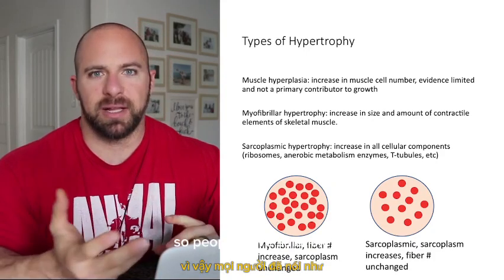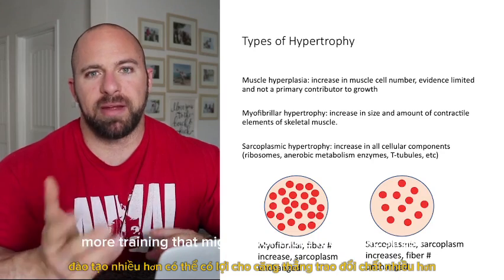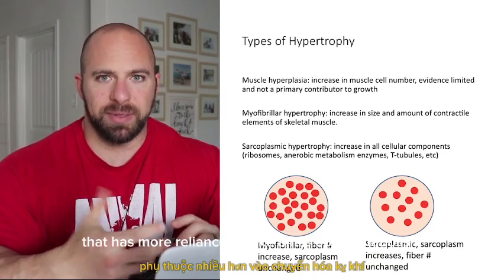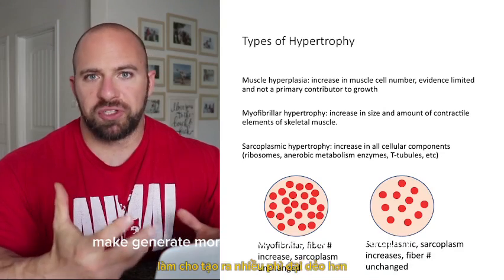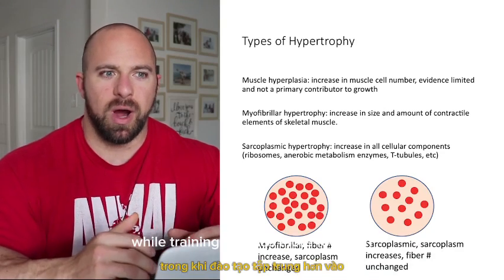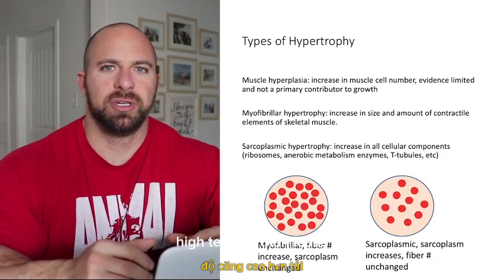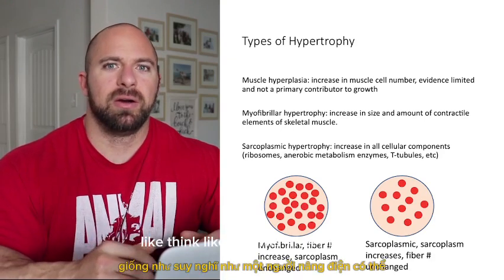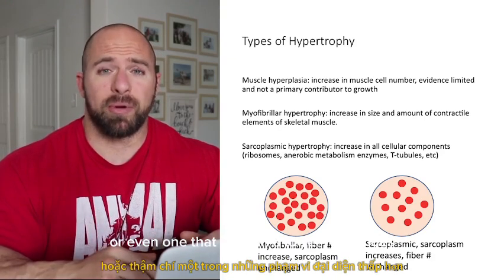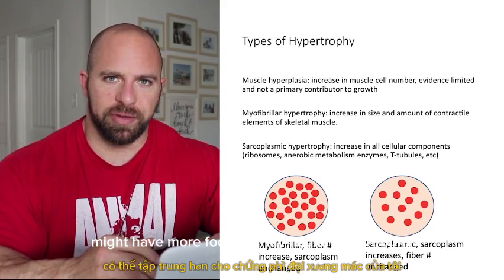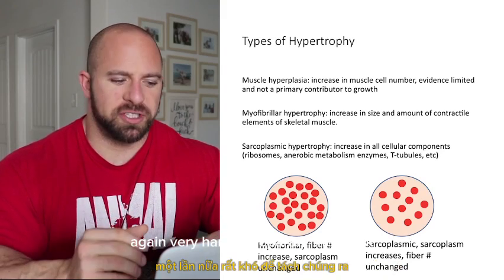So people have said training that might favor more metabolic stress, that has more reliance on anaerobic metabolism, may generate more sarcoplasmic hypertrophy, while training that has more focus on high tension and loads, think like a powerlifter maybe, or one that stays in the lower rep ranges in general, might have more focus on myofibrillar hypertrophy. Again, very hard to separate these out.